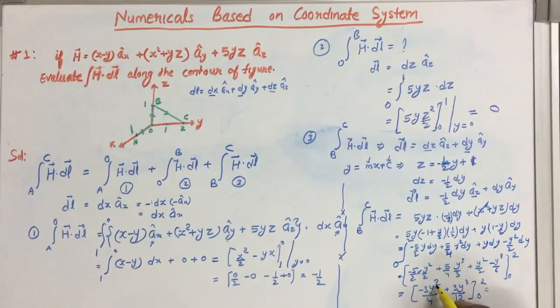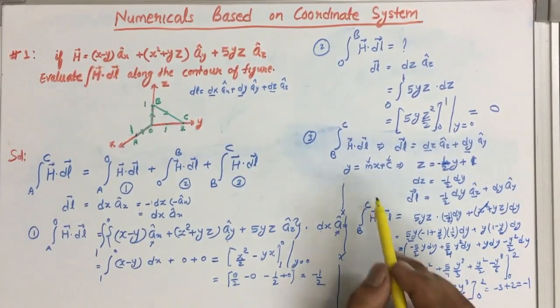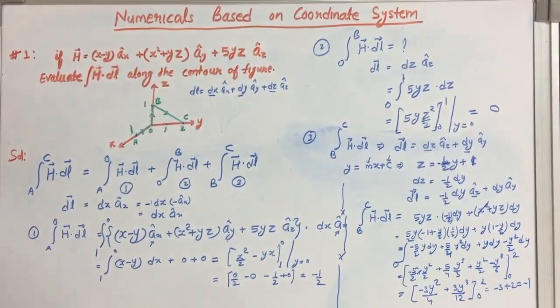Put it here: 4. So it will be minus 3 plus 2 to 4, 8, it will be plus 2. So overall it will be minus 1. So once we did h dot dl for case 3, it becomes minus 1.